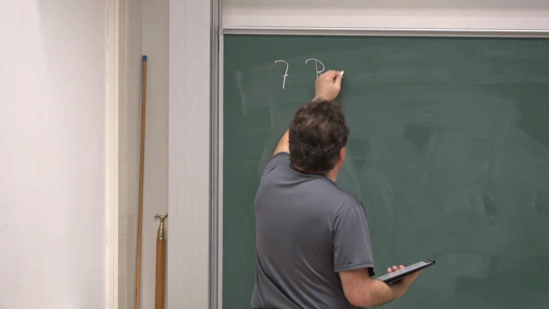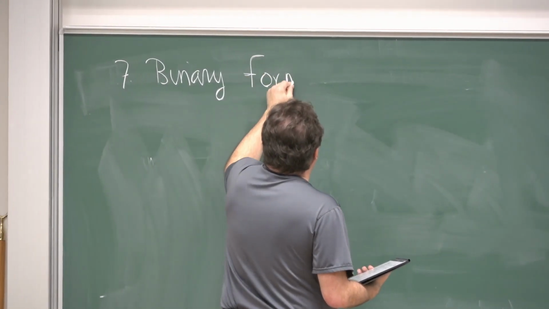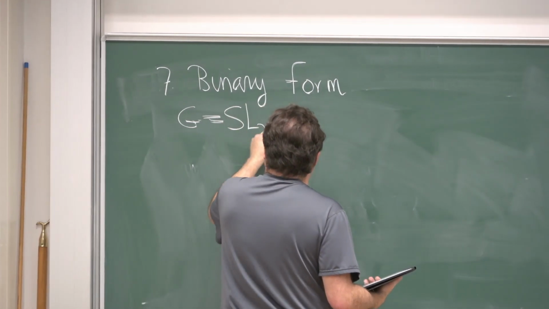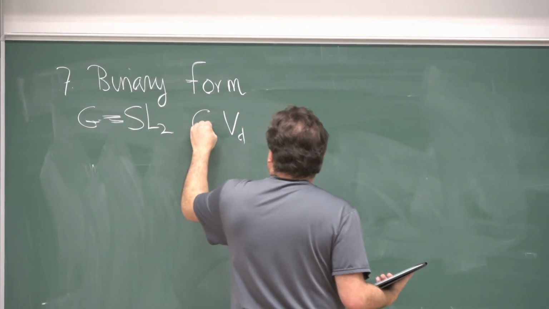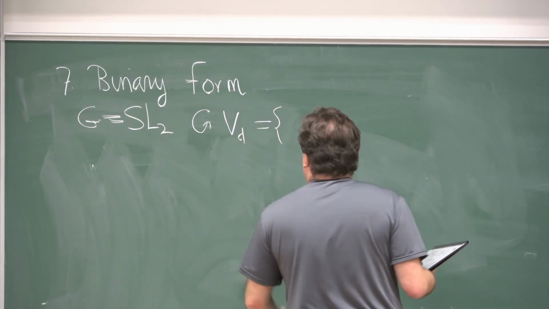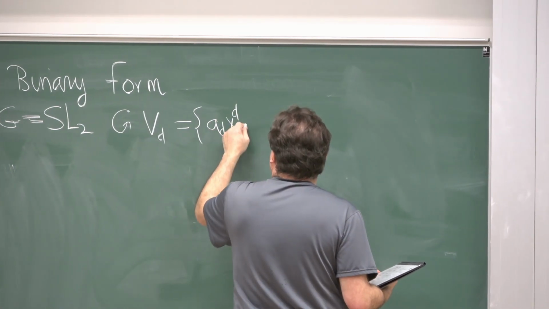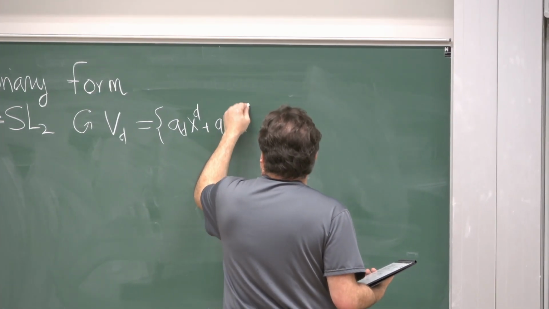So, next interesting case is probably the binary forms. And here I'm talking about the group SL2. And so SL2 acts on the space of binary forms, which is the space of homogeneous polynomials in two variables.